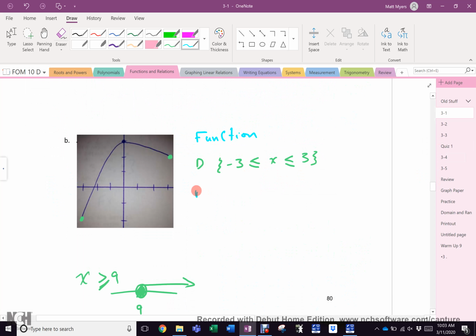Now that you know how to write it, how do you think you do the range? Where do we look for range values? On the y-axis. What's the lowest one? -2. Is the dot at -2 colored in? Yes. So do we need that equal sign? Yes.